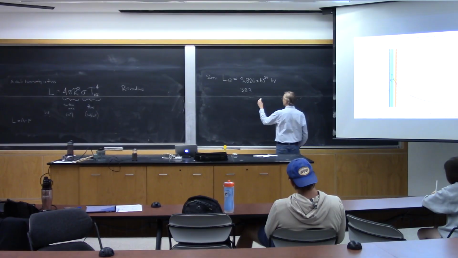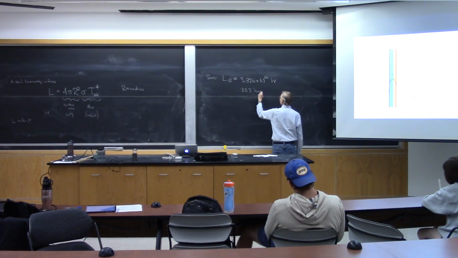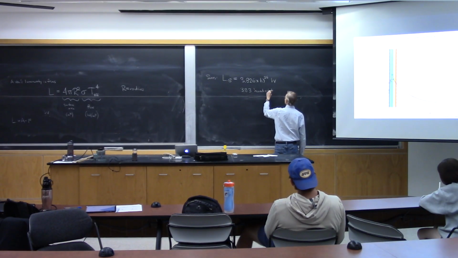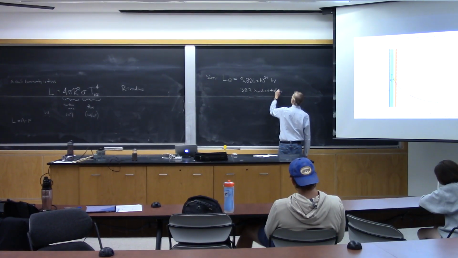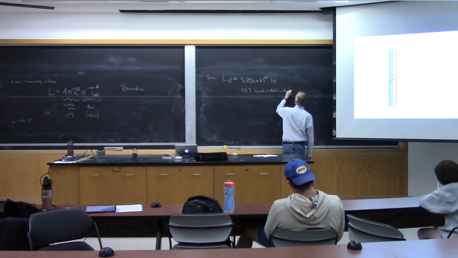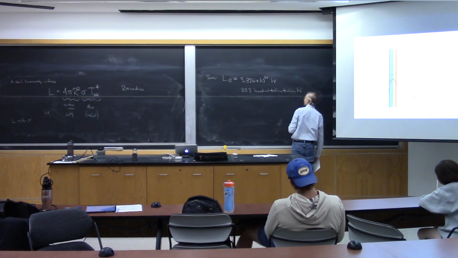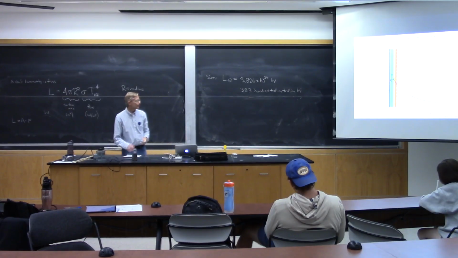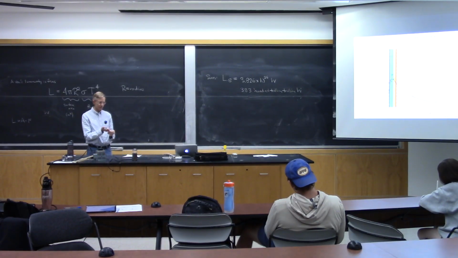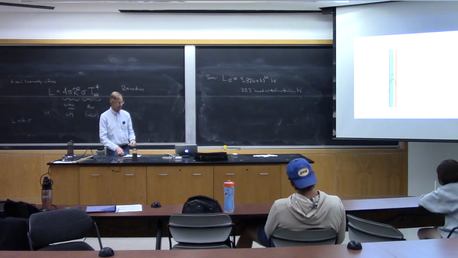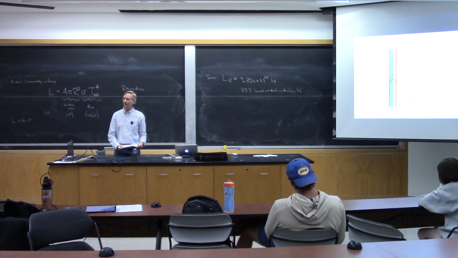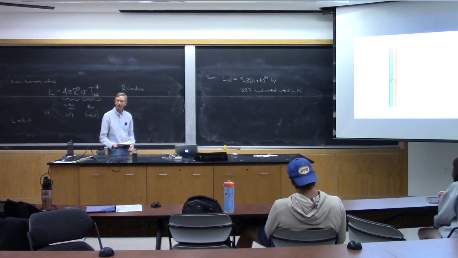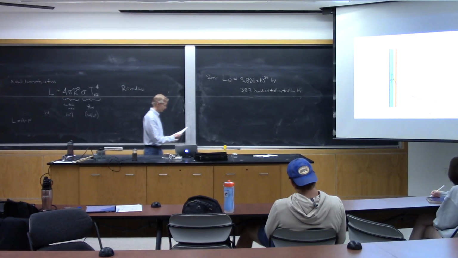So 383 trillion watts, if you will. That's a lot of light bulbs we're talking about right there. 383 trillion watts is the sun's luminosity. That's why it lets us see during the day, even though it's like 100 million miles away, 150 million kilometers away.